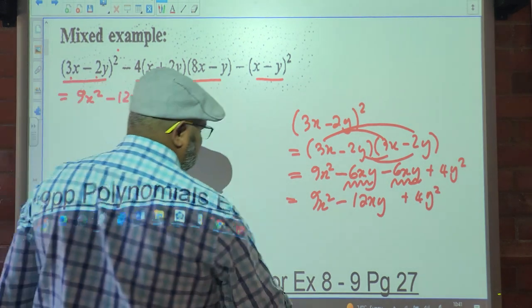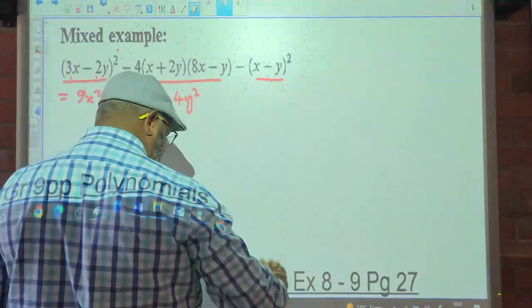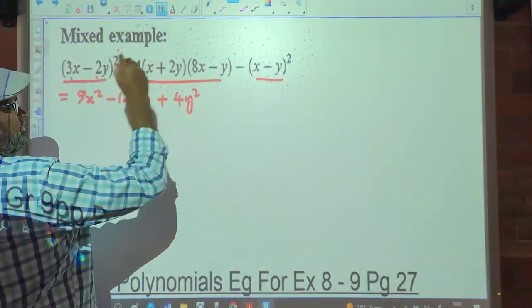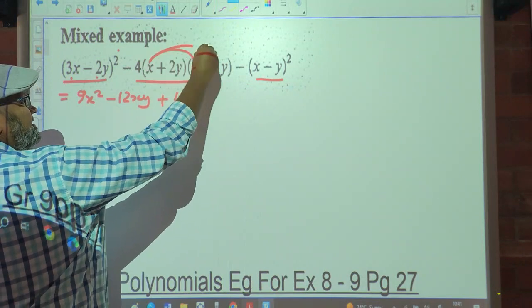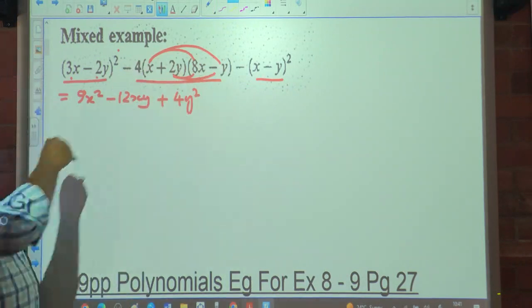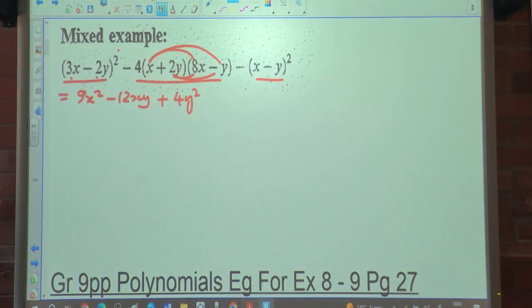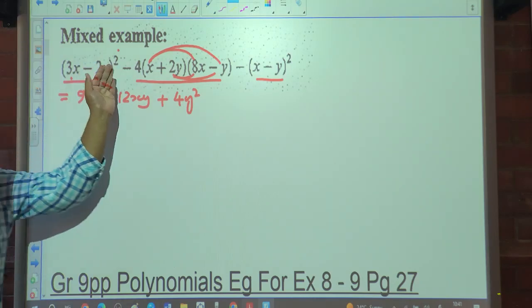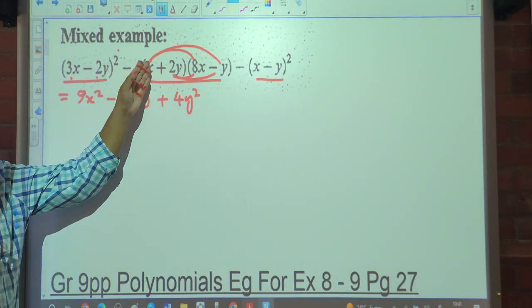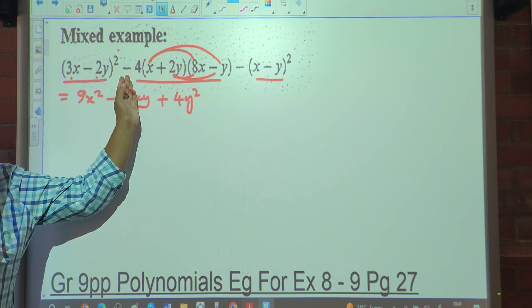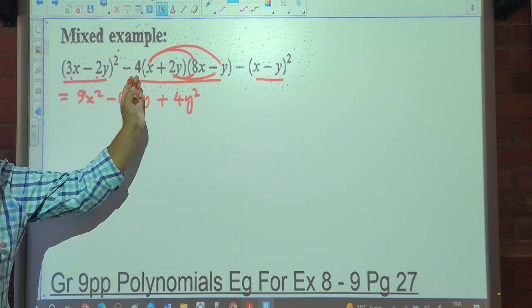Alright. So what we can do on the other side, of course, with the second term, we're going to multiply this out. Remember that the negative 4 also needs to be multiplied in that bracket. So I'm not going to multiply the coefficient outside the bracket first. We multiply the bracket itself first.